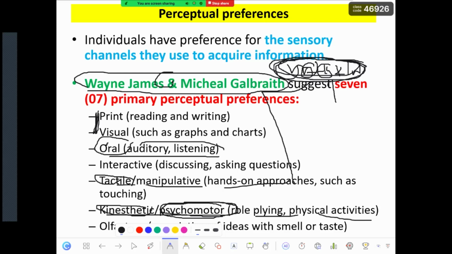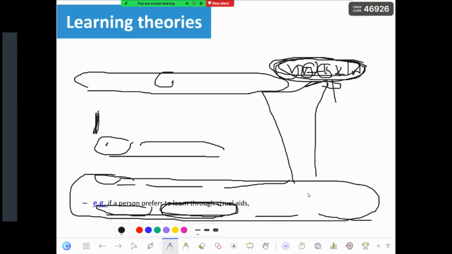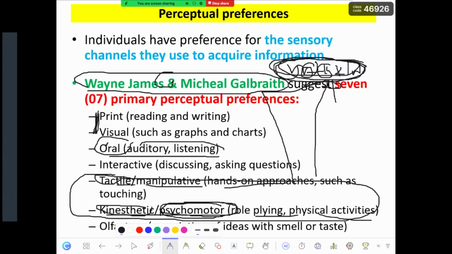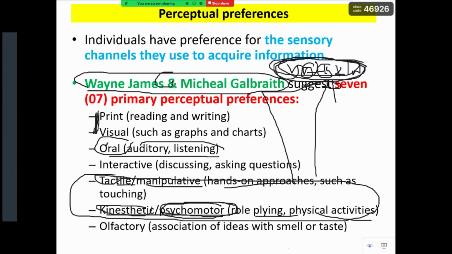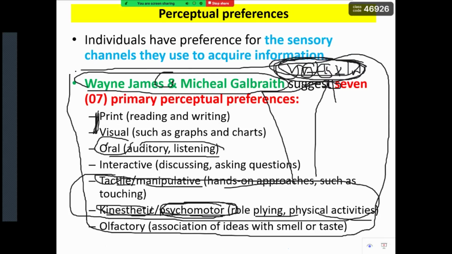Psychomotor is kind of a practical thing, right? So all these are synonyms for kinesthetic. This is nothing new. Don't try to cram these things, just have a rough idea about the VARK model, learning styles.